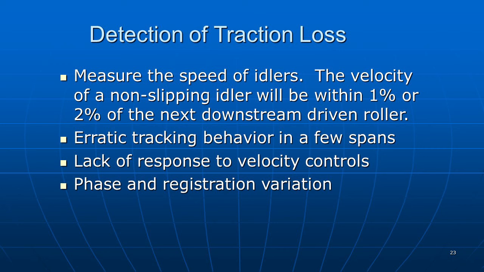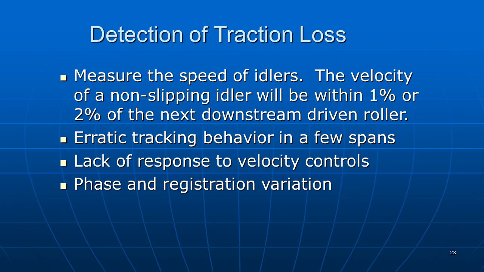If it's not, something is sliding. Either the idler that you're measuring or the web is not being pulled at the appropriate speed by the roller that's doing the pulling. So you might measure 2 or 3 idlers in that path and see if they're all within 1 or 2%, or if some of them are at 80% of the expected web speed. So you might be able to find it that way.